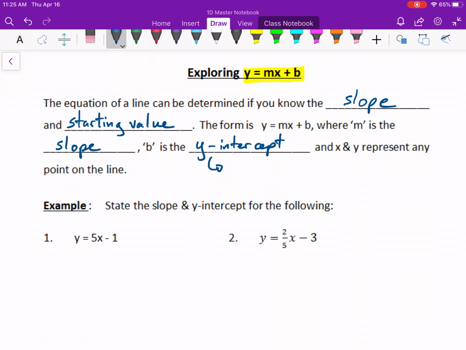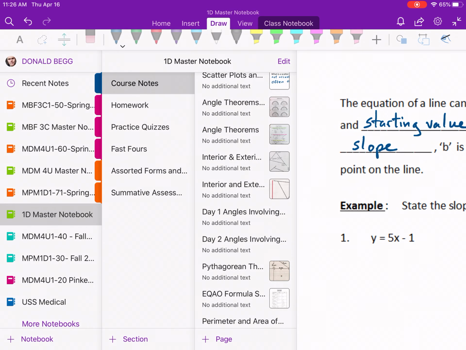So we're going to think about that as the starting place on the graph. All right, so these are the two things. If we know the slope and if we know the y-intercept, then we can come up with the equation of a line.